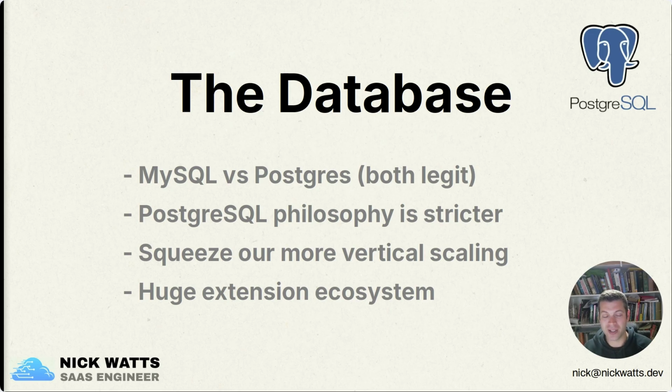That also plays really nicely into one of our principles. Keep the architecture as simple as possible. Don't add moving parts unless you absolutely have to. The extension ecosystem means that Postgres can do a bunch of things for you so that you don't have to complicate your stack. You don't have to have Redis to do a job queue because you can use a Postgres table.